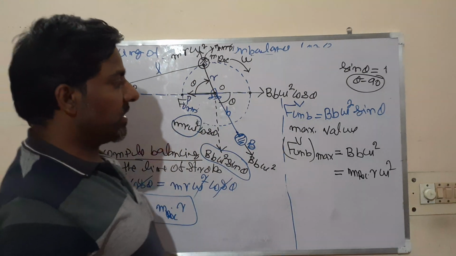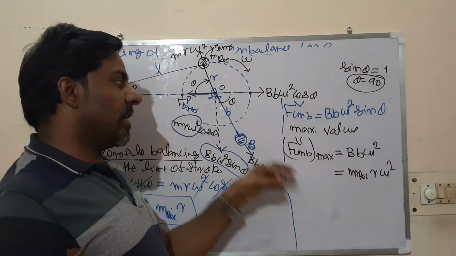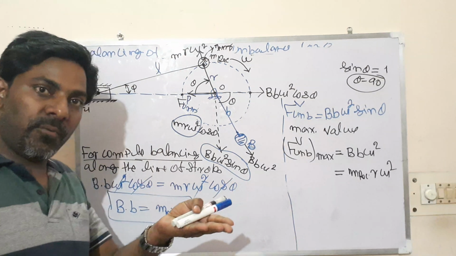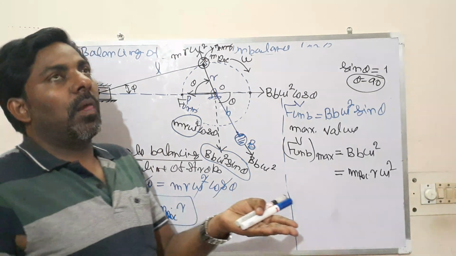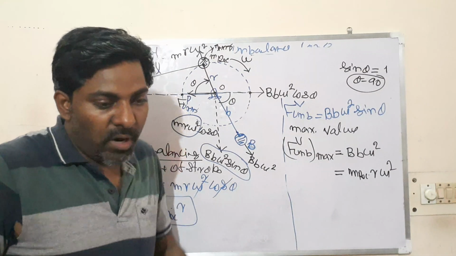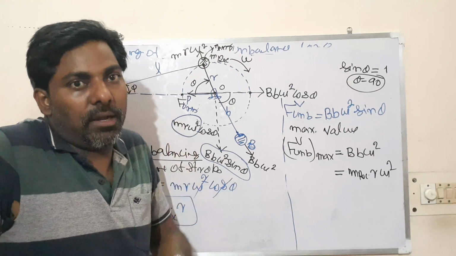So this vertical unbalanced force is very dangerous. If you take the case of a locomotive engine, and that vertical force is very large, it can lift the wheel.